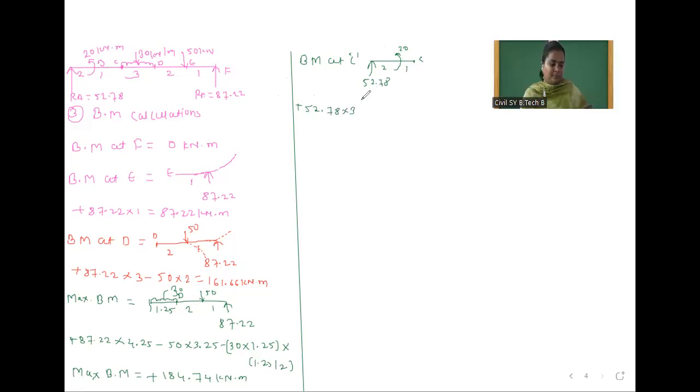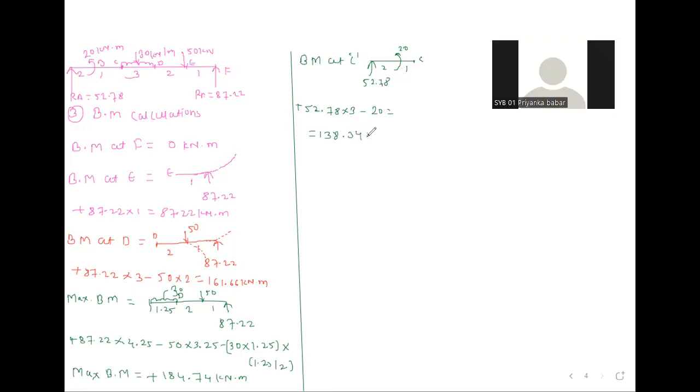Then minus, because this pushes the beam downward. So minus 20, which is equal to, calculate and tell me bending moment at C. 1.34 kilonewton meter.